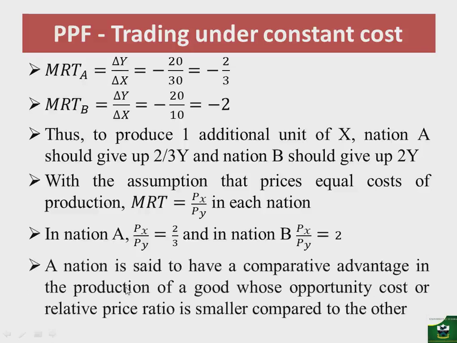Okay, so a nation is said to have a comparative advantage in the production of a good whose opportunity cost or relative price ratio is smaller compared to the other nation.